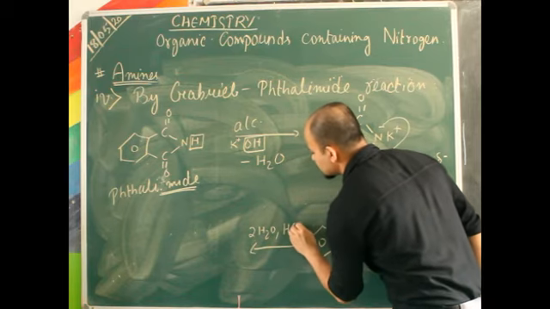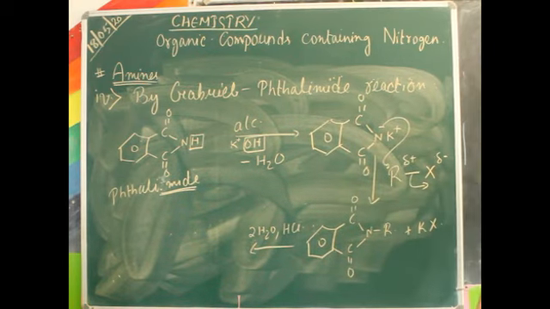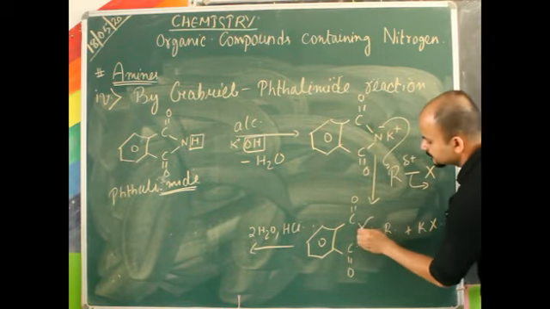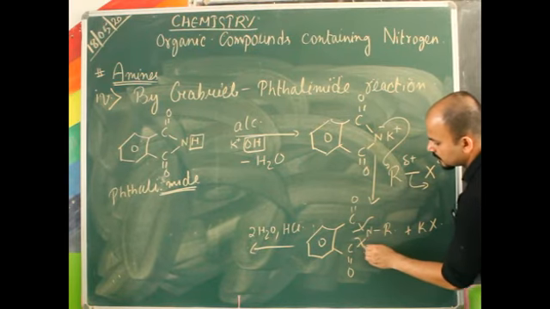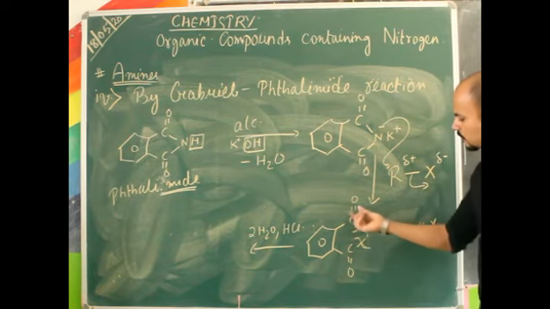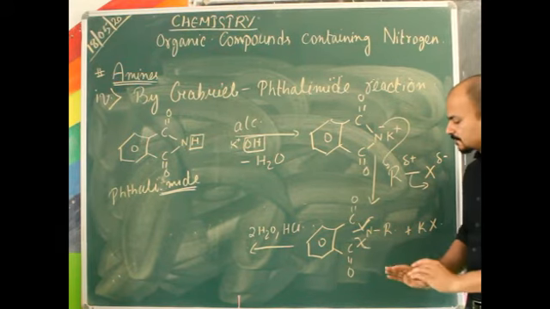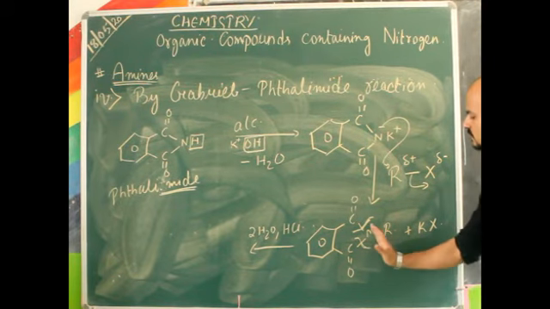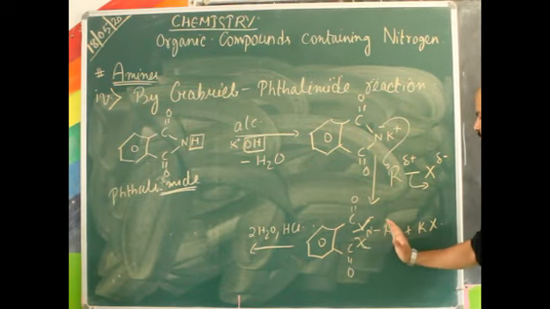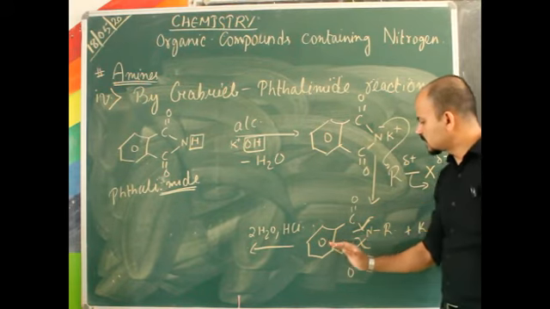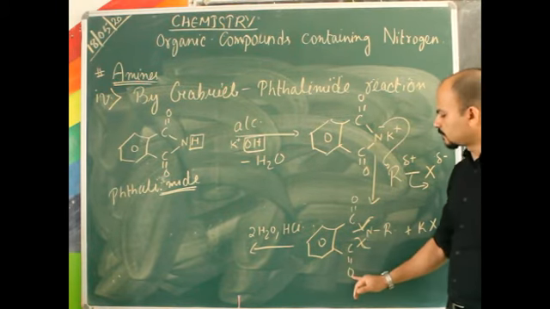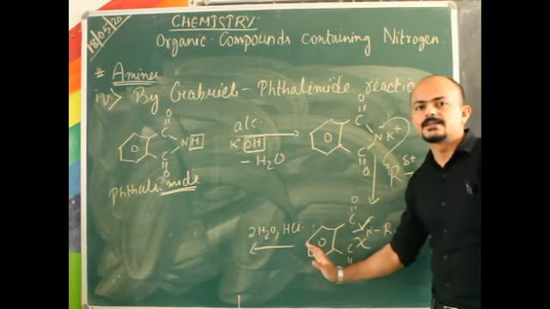Okay? Now, if this product is further treated with 2 molecules of water, that means hydrolysis in presence of acidic medium, that is HCl. Now what will happen? Both the bonds, the C and N bonds, will break to give you 2 separate compounds now. This NR will be one compound, and this benzene ring along with C double bond O, C double bond O will be giving you another compound.